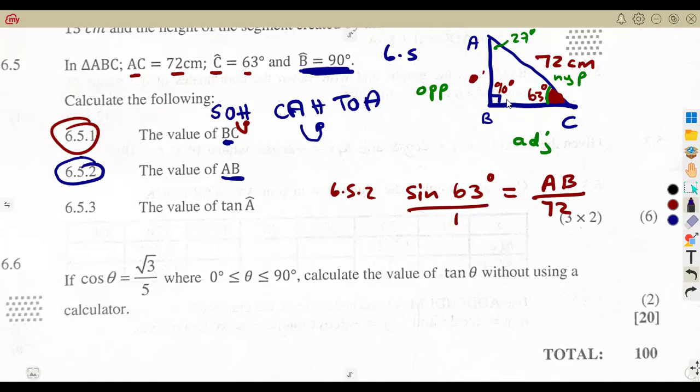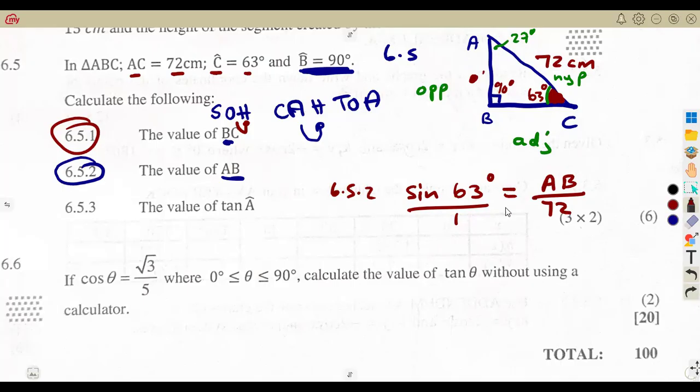So if you are using 27 degrees, it changes, guys. According to 27, this is your opposite, and this is your adjacent. According to the angle of 27, it changes. So use these ratios properly. Here I'm using 63 degrees.